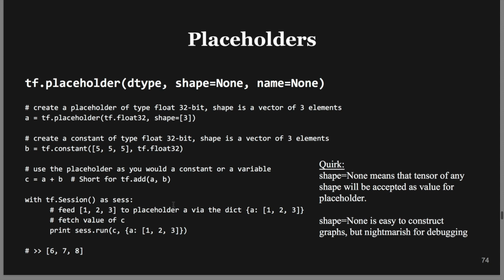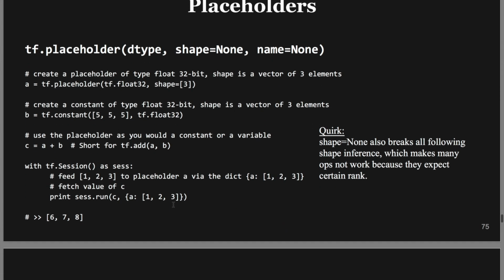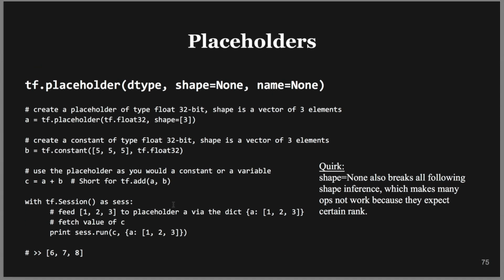So something to be careful of when you are constructing the graph. Yes, so this is being mentioned here. Shape equal to None breaks the shape inference, and some ops, in this case add, would break, right?